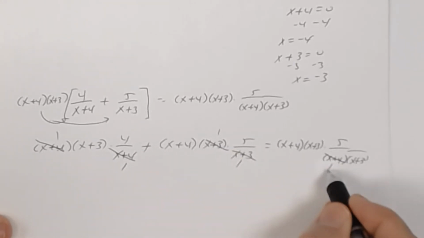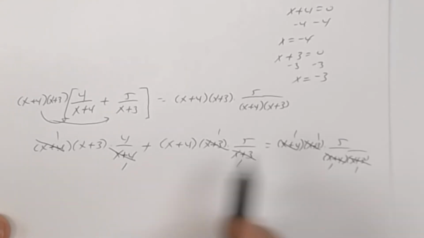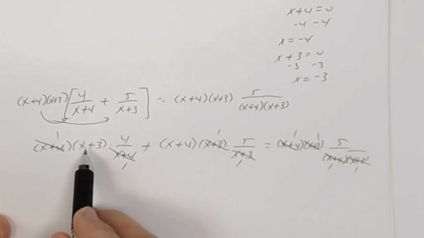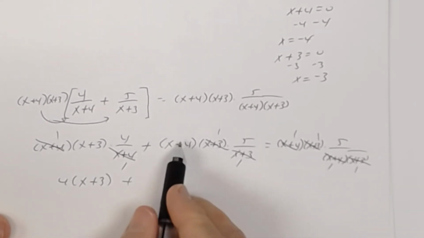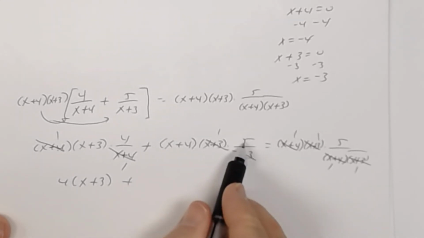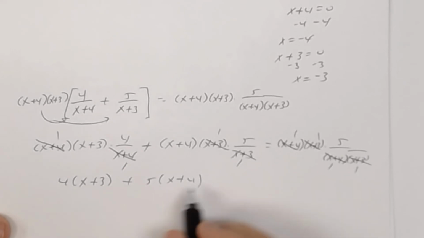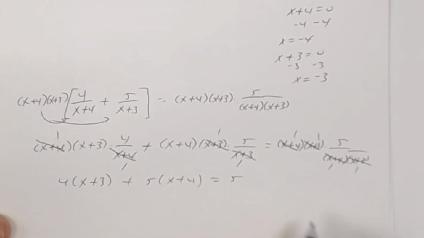And then here, x plus 4's divide out, x plus 3's divide out. What we have now is this: 1 times 4 is 4, so that's going to be multiplied by x plus 3. So 4 times x plus 3, plus x plus 4 times 1 times 5 becomes 5 times x plus 4, equal, and then 1 times 5, that's just 5.